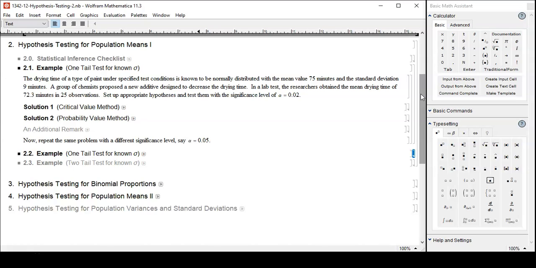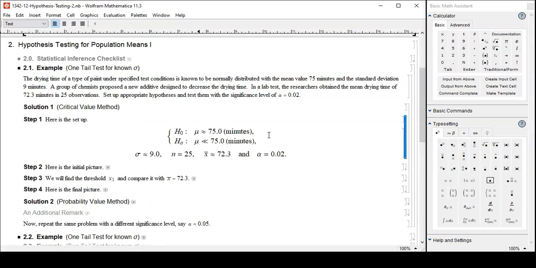I hope everybody remembers. It's the very same problem that we went through in section 1. And please remember, we had this setup. Null is 75. So the alternative is that the mean is significantly less than 75. All right, after the setup, we have some more numbers to work with.